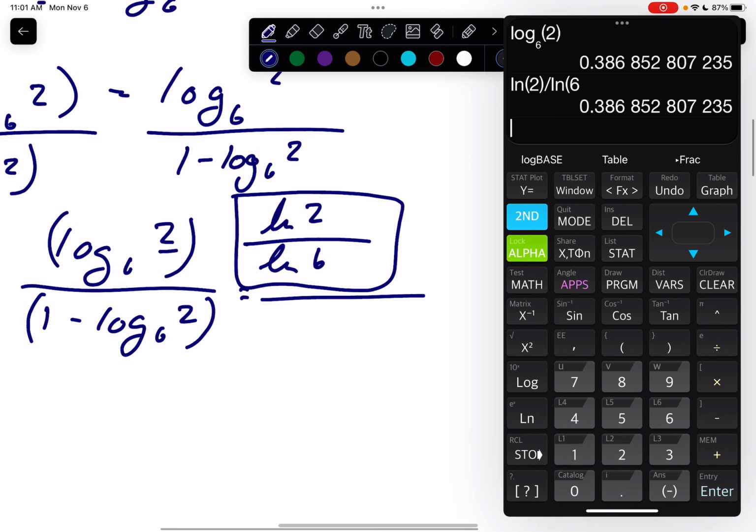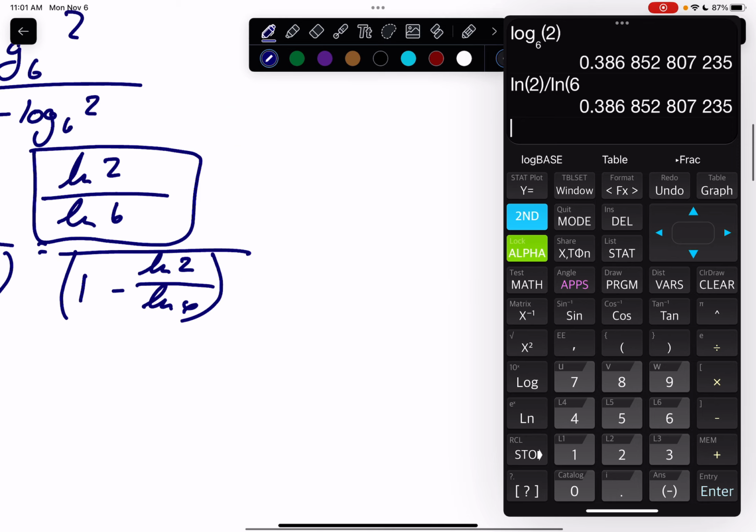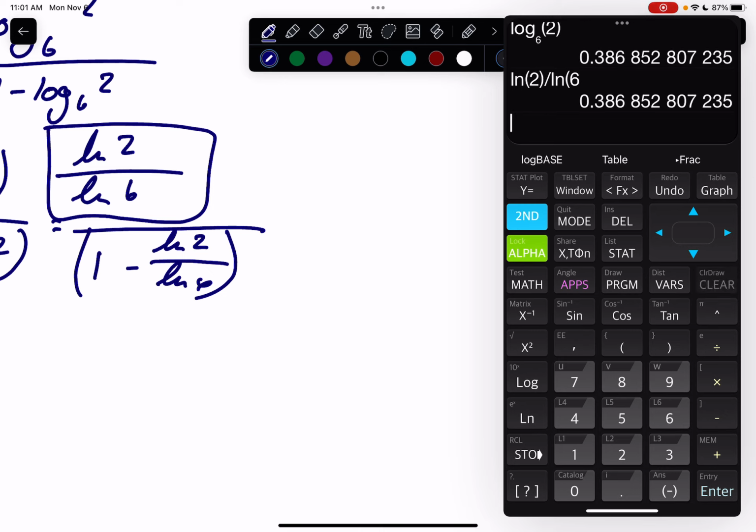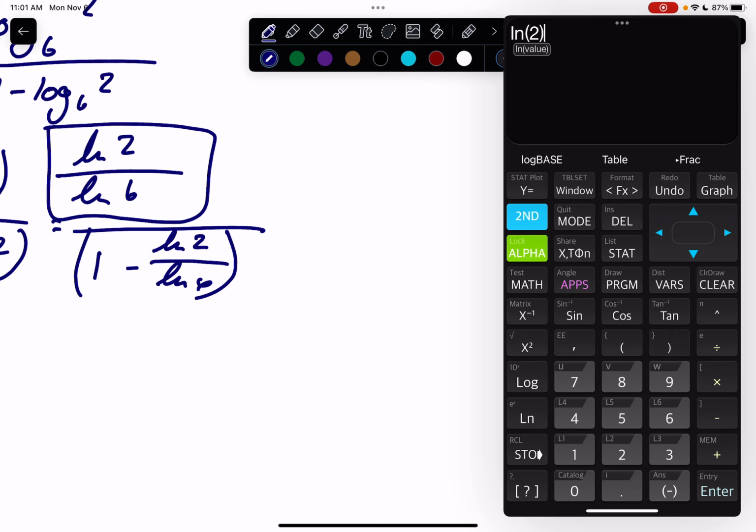And you're dividing that by 1 minus that value. So if I was going to do this in my calculator without using the log-base template, I would take ln of 2 divided by ln of 6, hit enter, and then hit the divide button.